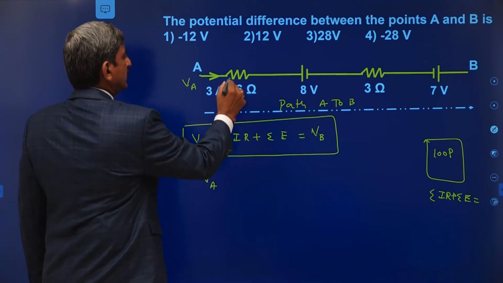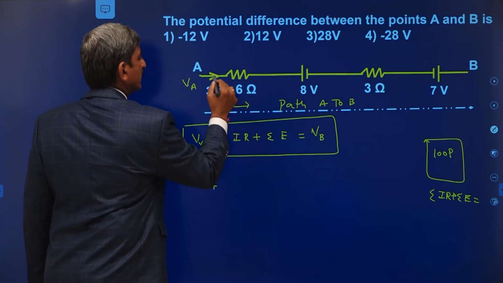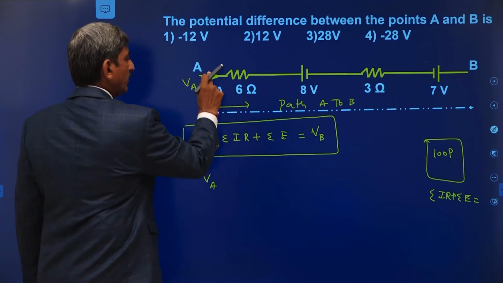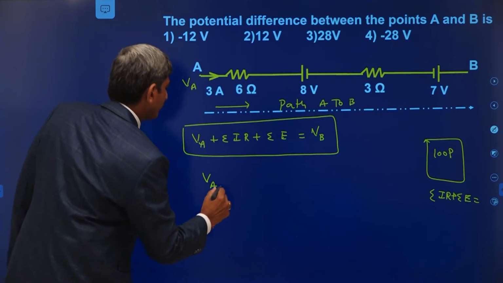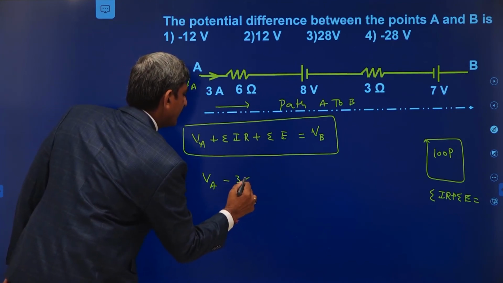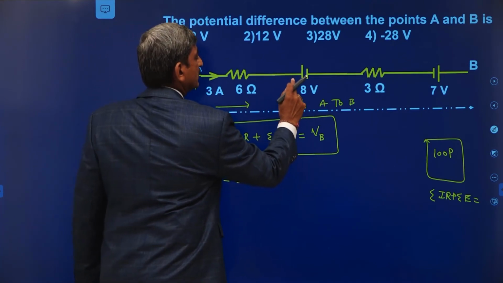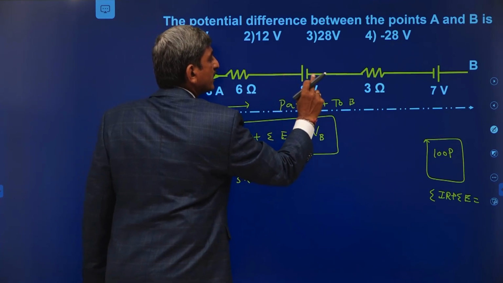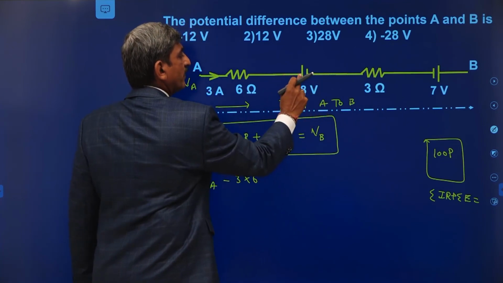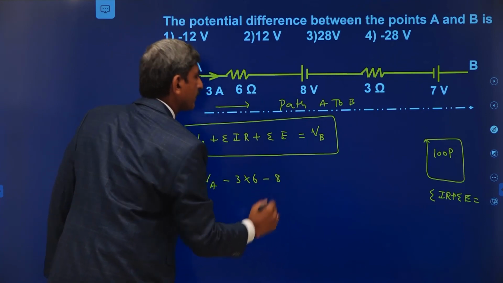Next, in this resistor, this is the direction of the path, this is the direction of the current, both are in the same direction, then IR is negative, 3 into 6. Next, when we are moving from A to B, we are moving from the positive terminal to the negative terminal of the cell, where the EMF is taken as negative, -8.